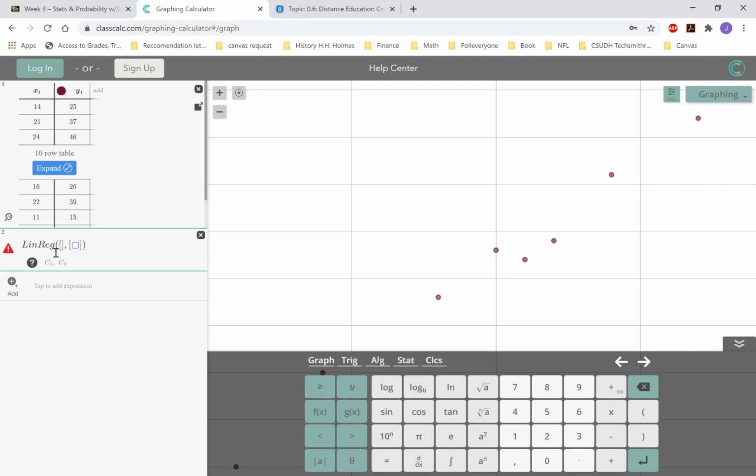If you look at it, it's asking for C1 and C2. So it's just asking what is your x variable, what is your y variable. For this one, it's important that you put it in that order, because if you don't, it will give you the wrong answer. So if you remember, X1 is our x, Y1 is our y.